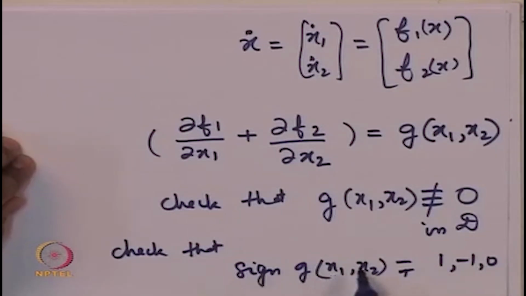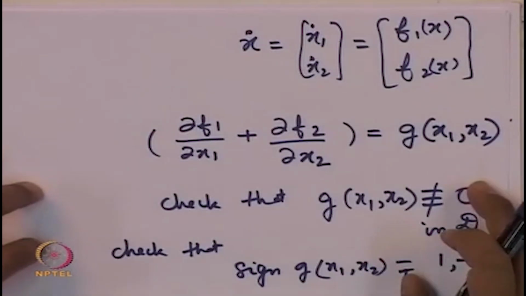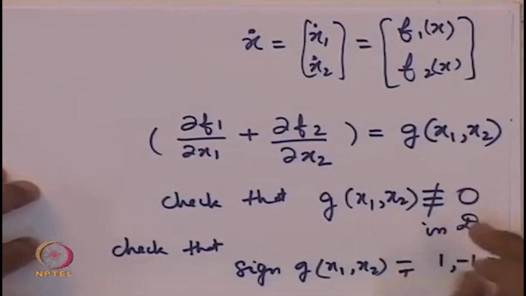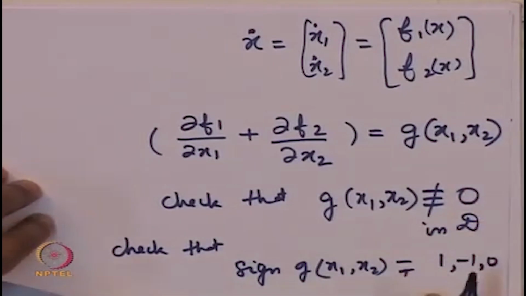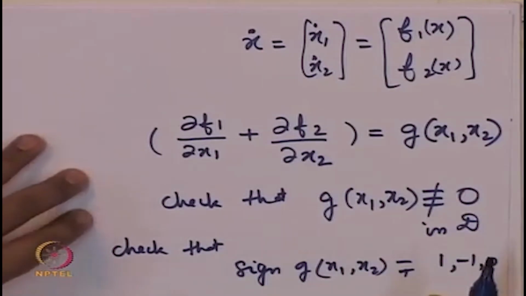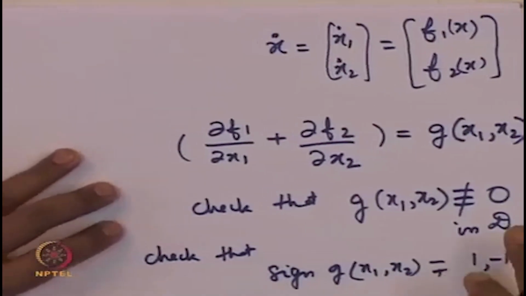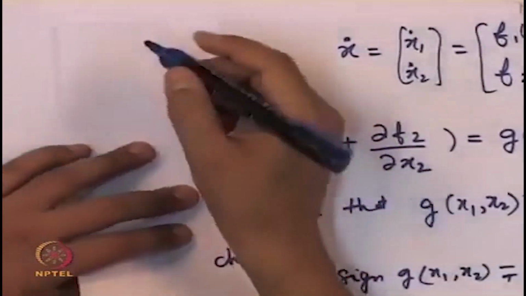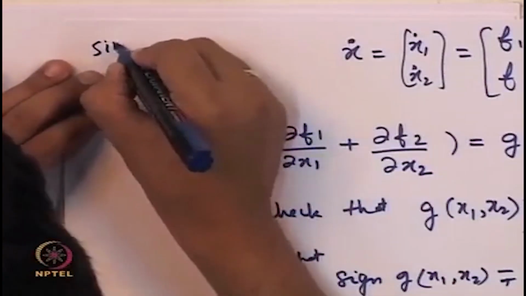If the sign does not change when you check different x1, x2 points in this region D, and these two conditions are satisfied, then the Bendixson criterion says D cannot fully contain a periodic orbit. There is no periodic orbit that lies entirely in D. Another assumption that we had made was that D is a simply connected region.